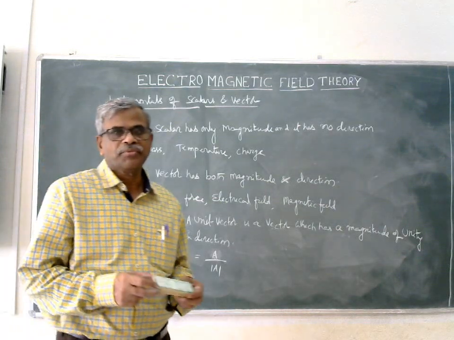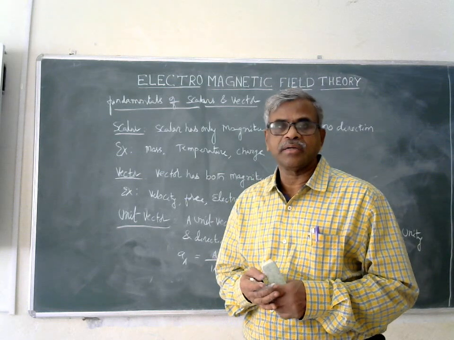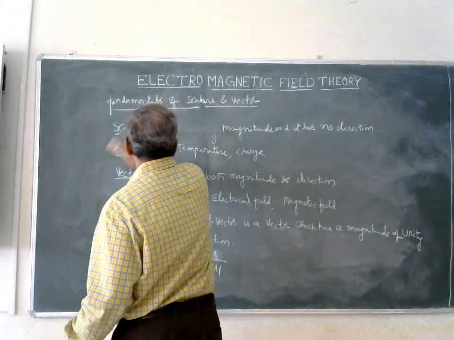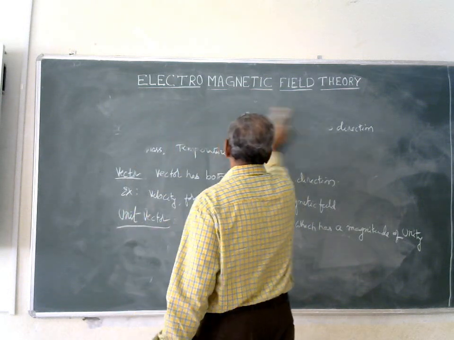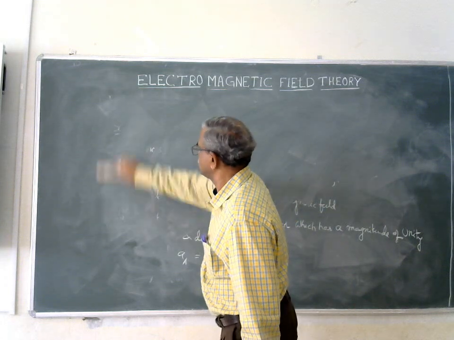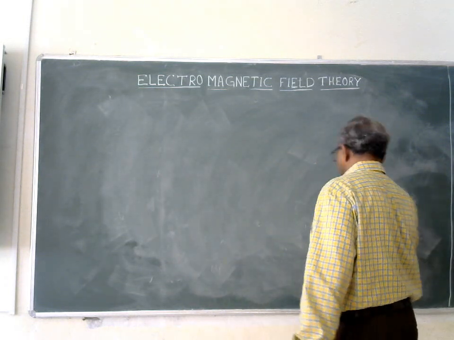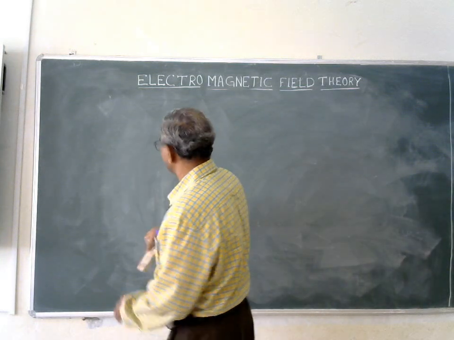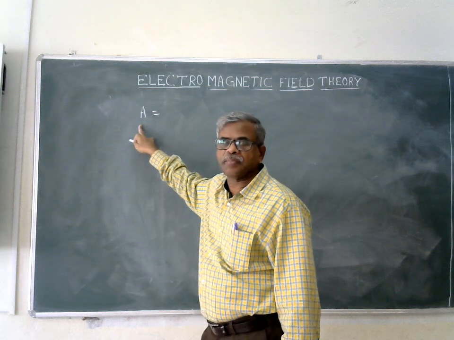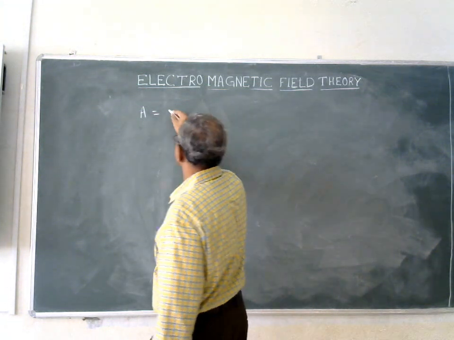The concept of unit vector is useful in representing the vector in terms of its component vectors. A is the vector. We are representing this vector in terms of its component vectors.